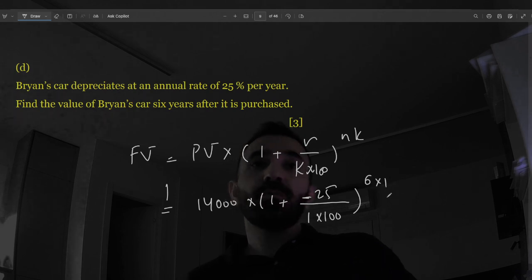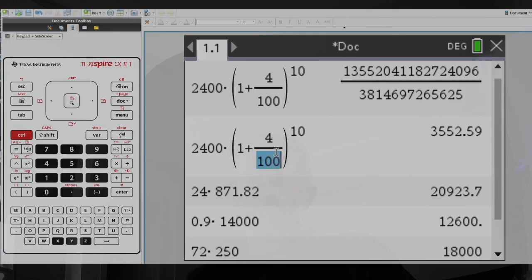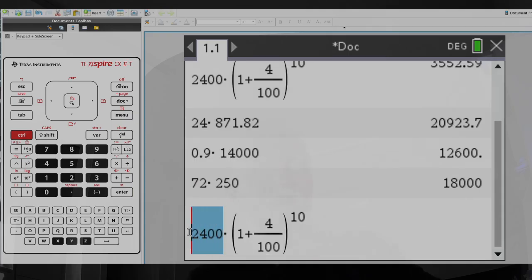Okay, so I'm going to copy this formula on my calculator. So the price is 14,000 euros. I'm very sorry for using the wrong units. It's after school, I'm quite tired, so probably it makes sense.